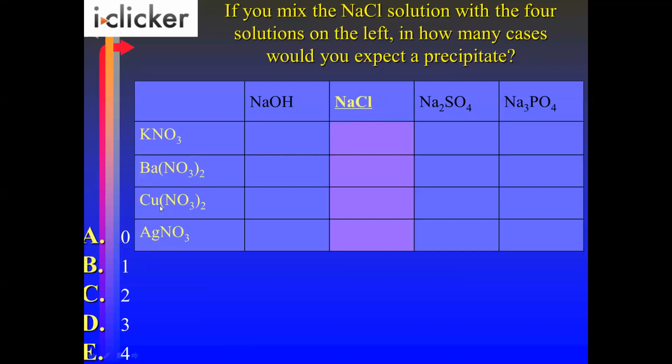It's the same thing here. The copper chloride is also soluble because most chlorides are soluble. There are 4 exceptions, but not including copper, right? So copper is not an exception. It is soluble. Copper forms a soluble compound when meeting chloride.